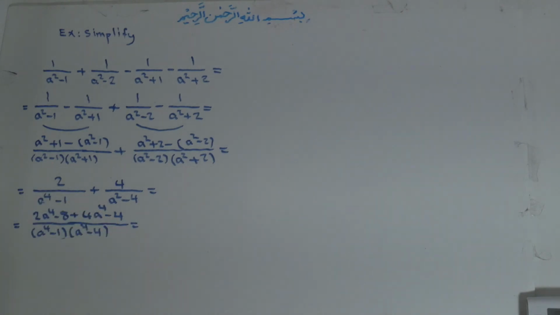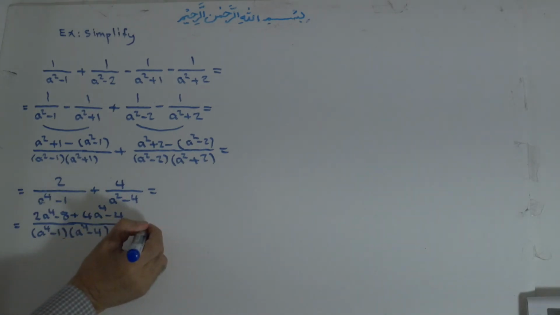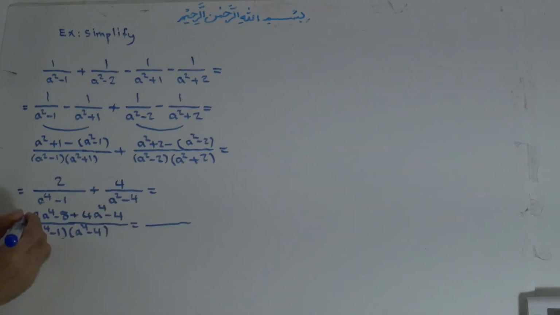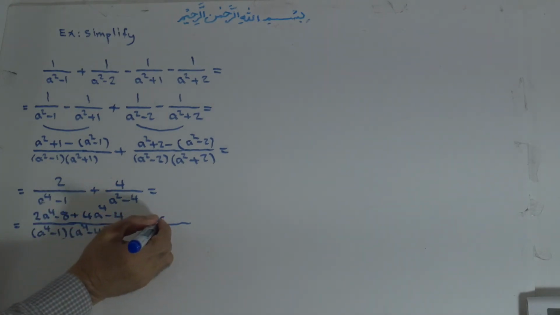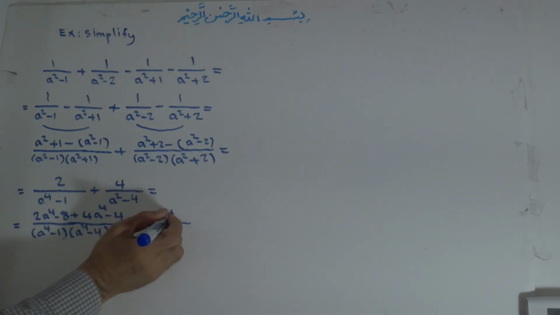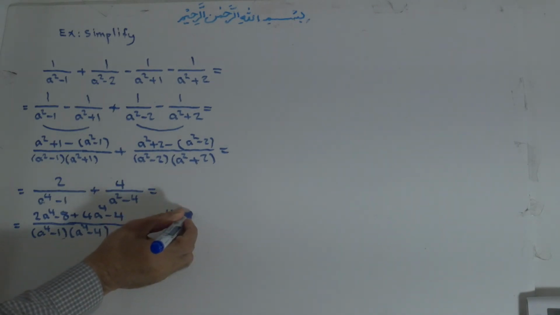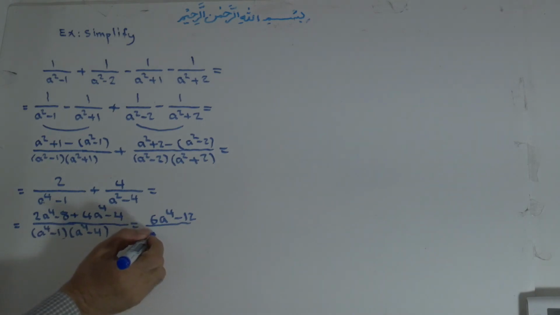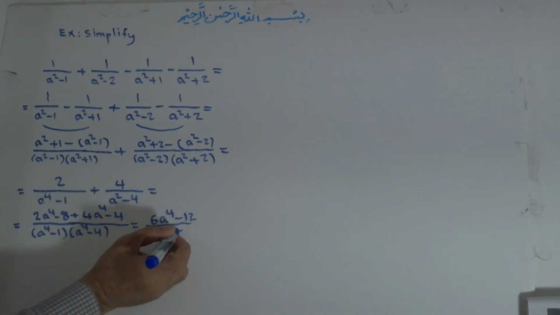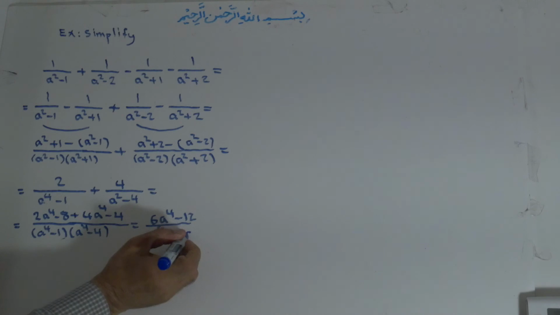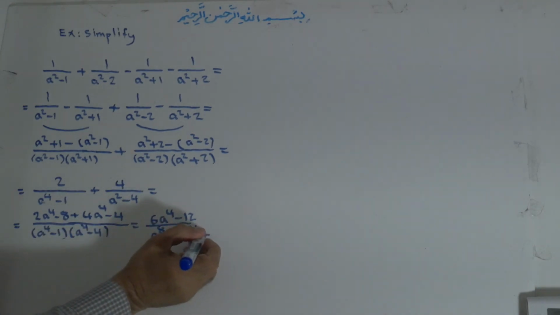Now this is equal to, we simplify this one, 2 plus 4 is 6 a to the power of 4 minus 12 over a to the power of 8 minus 4 and minus 1 is minus 5 a to the power of 4, negative times negative is positive, 1 times 4 is 4.